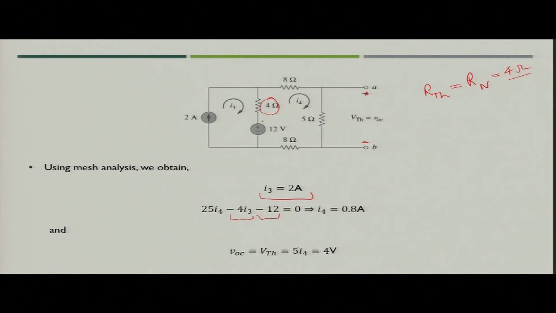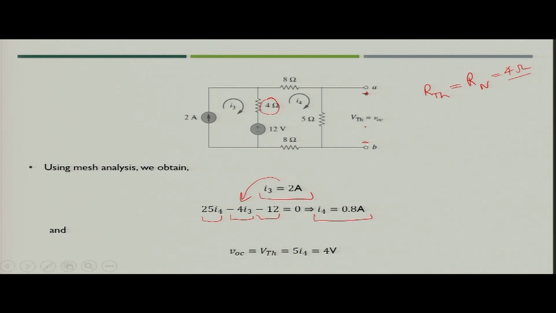So, you will get minus 4 I3 as a component, and then you sum up all the resistances multiplied by I4. You get 25 I4. So, for this mesh you have developed the equation 25 I4 minus 4 I3 minus 12 equal to 0, and since you know the value of I3, you put the value of I3 here, and you will get I4 as 0.8 ampere.